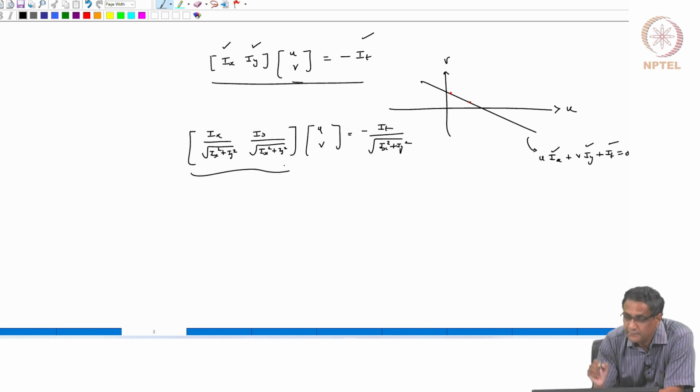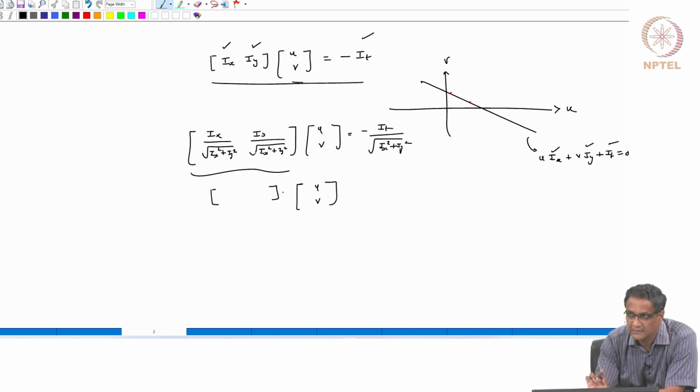Now what is this? I can think of this as a vector dot product with u v. Earlier also it was that, but this is now a special vector. What is this vector? This is Ix and Iy, not any old vector.